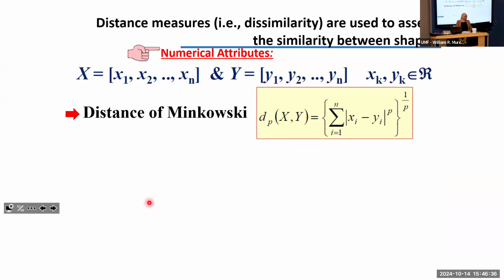What distance do you know the most or use the most? It is the Euclidean distance, because whenever I ask anyone, everyone knows the Euclidean distance. But what we really don't know, and need to highlight, is that the Euclidean distance is a particular case of the Minkowski distance.